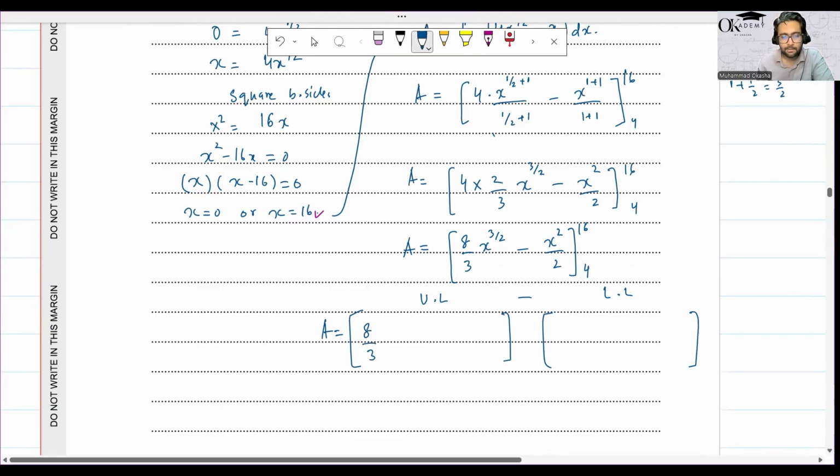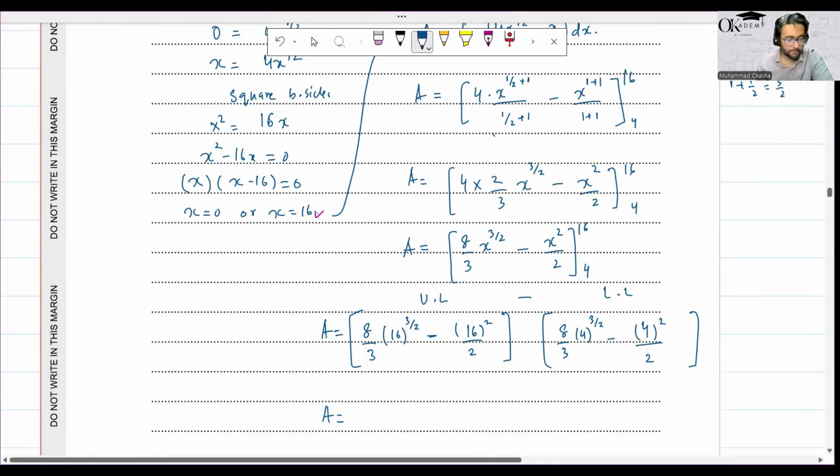Wherever there's x, I'll put 16 to the power 3 over 2, minus 16 squared over 2. And in the next bracket I'll put the lower limit, which is 4: 8 over 3, 4 to the power 3 over 2, minus 4 squared divided by 2.